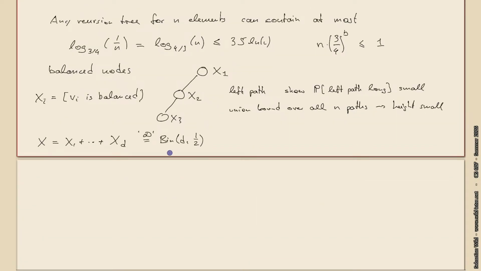And if that is true, then the probabilities say that the path is longer, that is, d is greater than, what's the constant that we should use in the end?